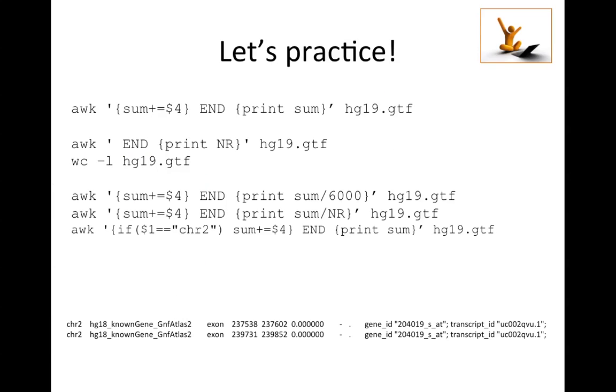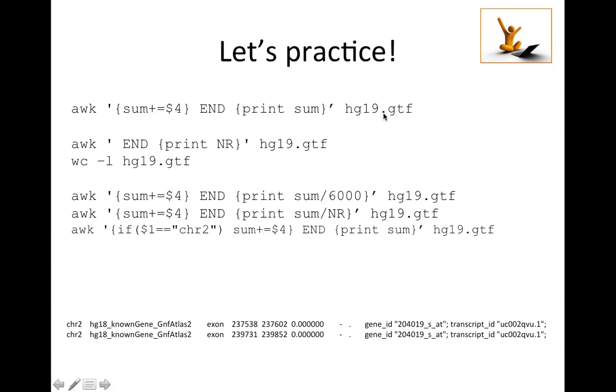Okay, so let's see some examples. What about we want to calculate the sum of column number 4 in the file hd19.gtf. So again, if you understand everything, it's perfect. If you don't, this line looks exactly the same as the one I just showed you previously.